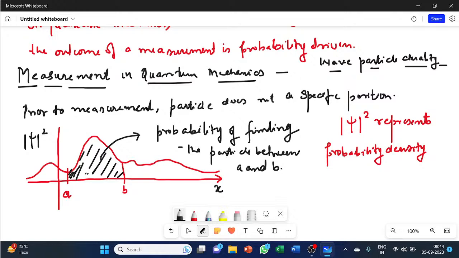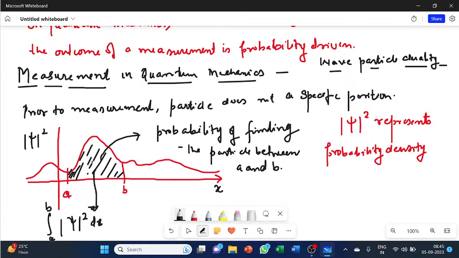So psi mod whole square represents the probability density. And if I find the area, you remember the area in integrals is given by the integration from a to b of psi mod whole square dx.